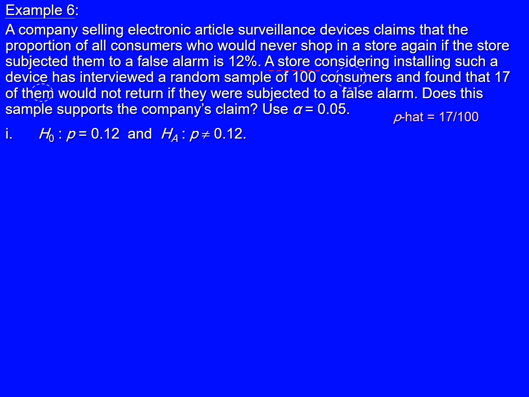So the null hypothesis in this case is P equals 12%, or 0.12, and the alternative is that P does not equal 12%, 0.12. That's easy. So this is the first step. Then the second step is to decide what the sampling distribution is.